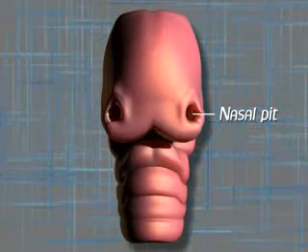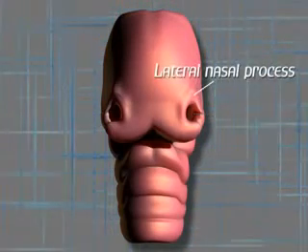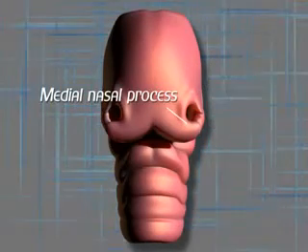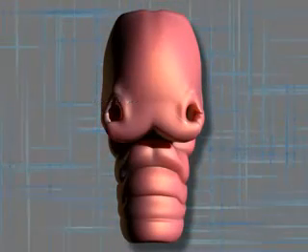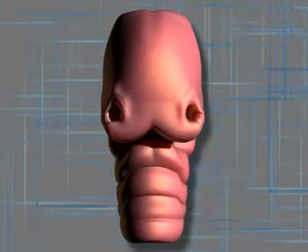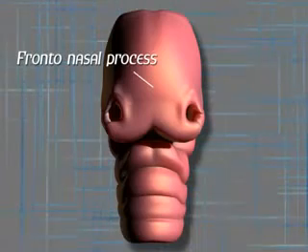The lateral aspect of the horseshoe is called the lateral nasal process, and the medial aspect, the medial nasal process. The region of the frontal prominence where the nose will develop is referred to as the frontonasal process.